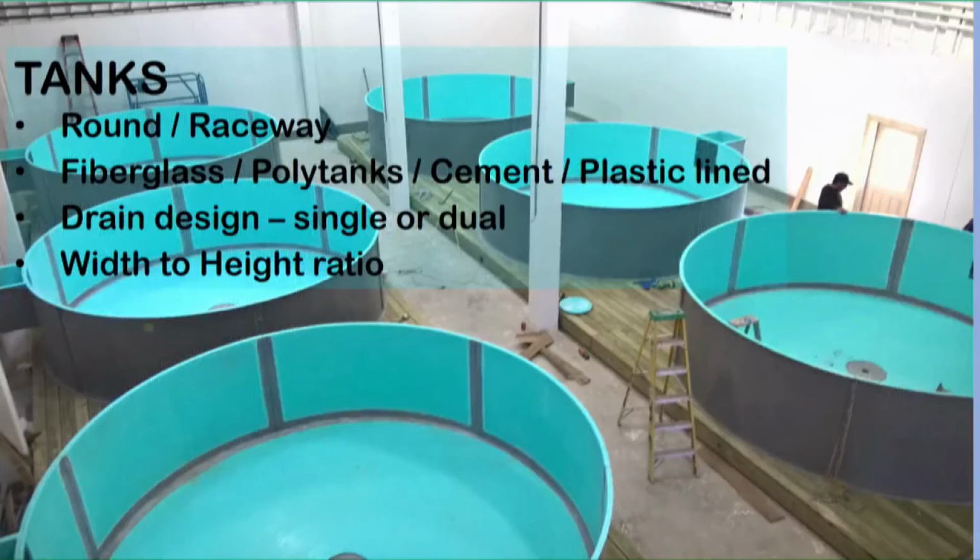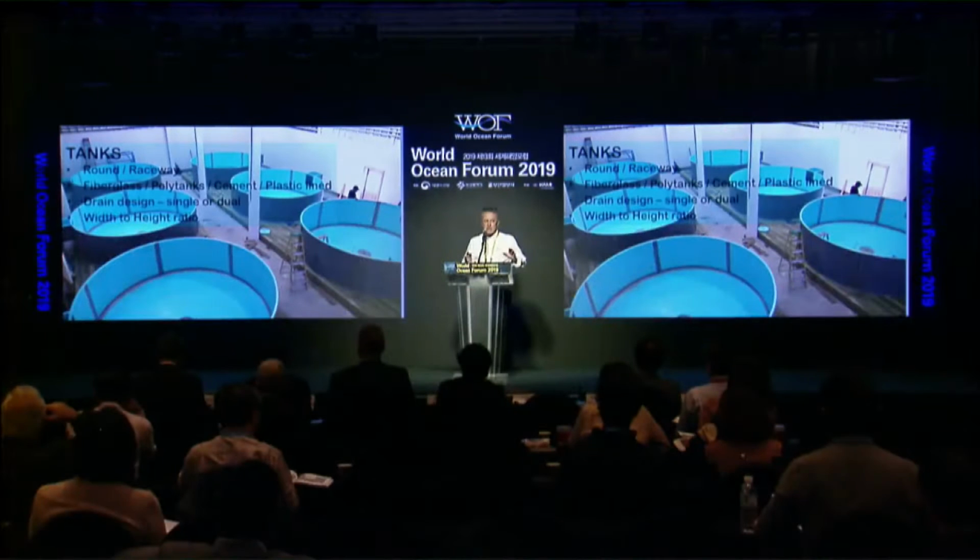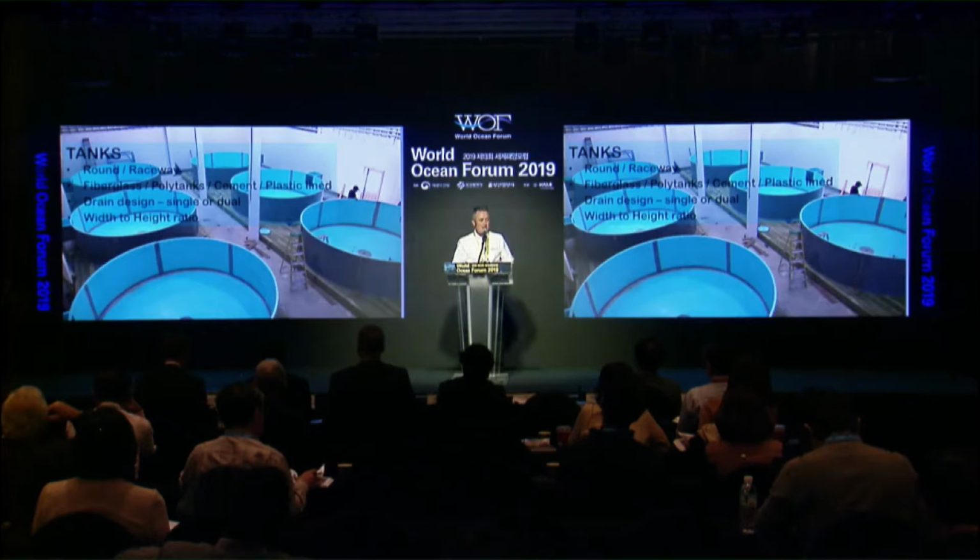Okay, when we start with the tanks, there's several types of tanks. They're either round, like you saw in some of Henrik's presentation, or they're raceways like you saw in Mr. Hahn's presentation, right? Most of the tanks are fiberglass, but they can be poly tanks or cement or even plastic lined tanks.